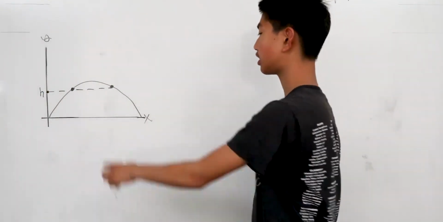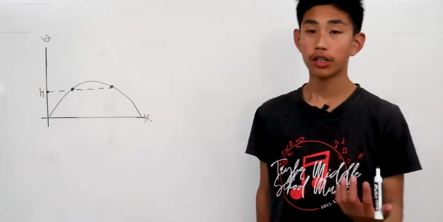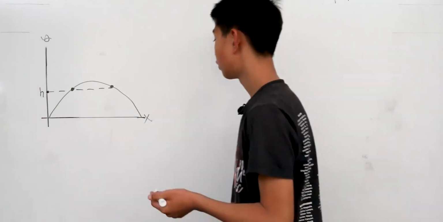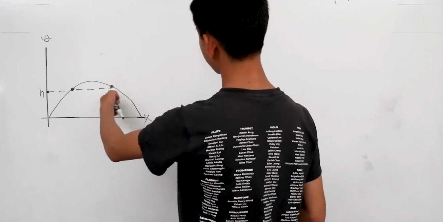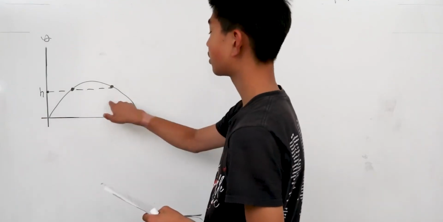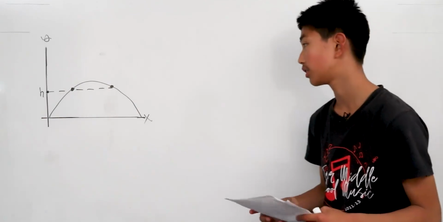Now, since we know that the time is 1, we can use some kinematic or just physics formulas to aid us, as we want the distance in x between these 2 points.